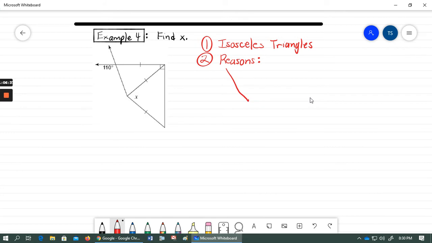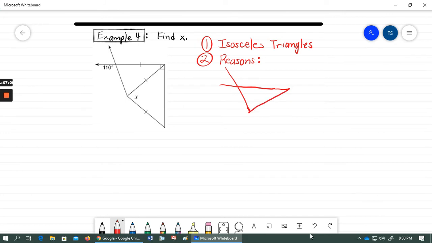The only angle that we're given in that diagram is that 110 degrees, so you have to use that to find out some other stuff. That's an exterior angle to the triangle, but in this case we don't have to use the exterior angle theorem because we don't know two of the remote interior angles for that triangle anyway.